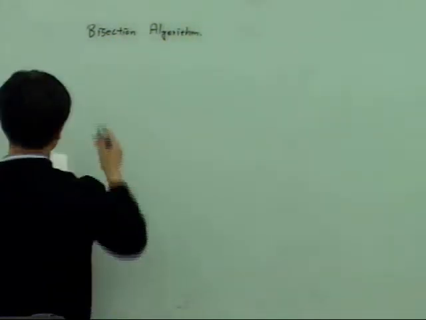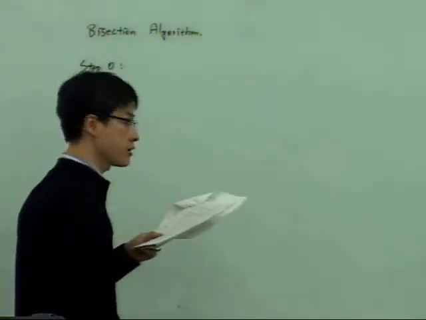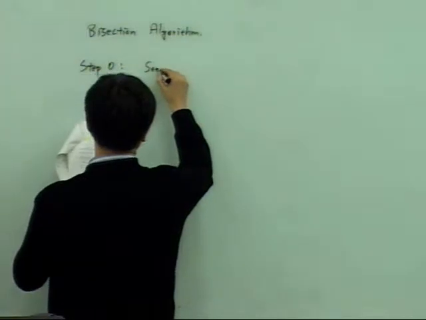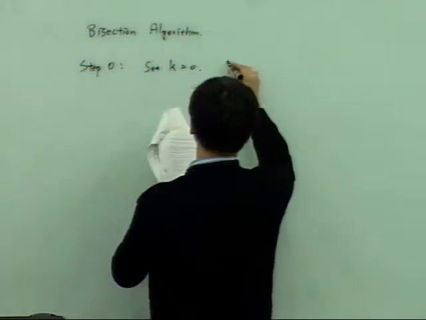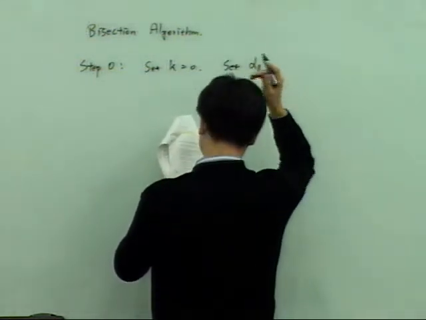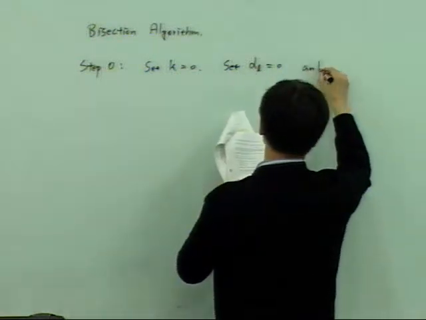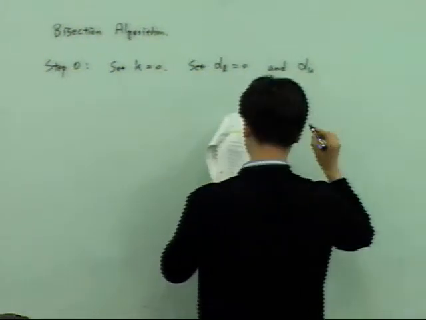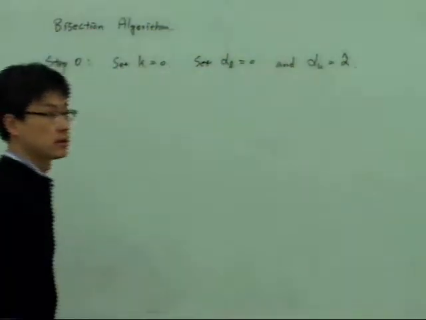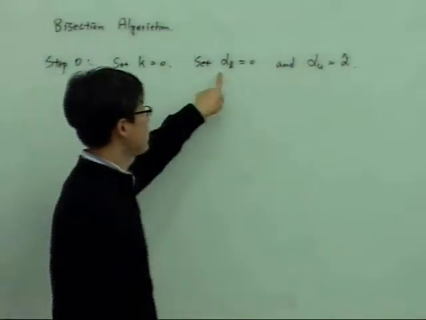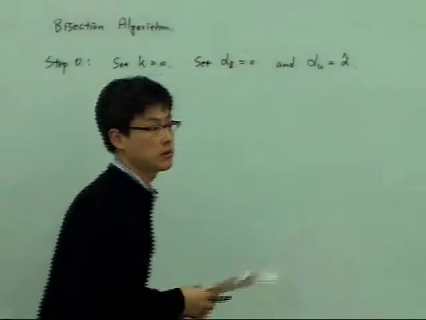Okay. That's step 0, initialization. Set k equal to 0, and set alpha sub l equal to 0, and set alpha sub u equal to alpha hat. Alpha lower bound, alpha upper bound. Okay?